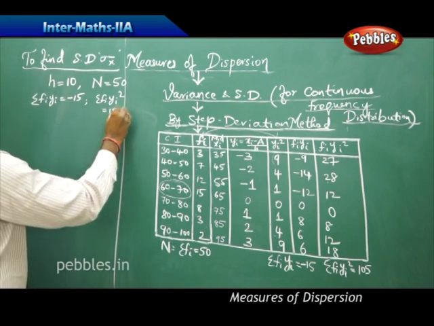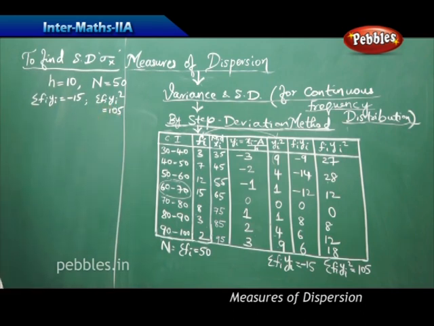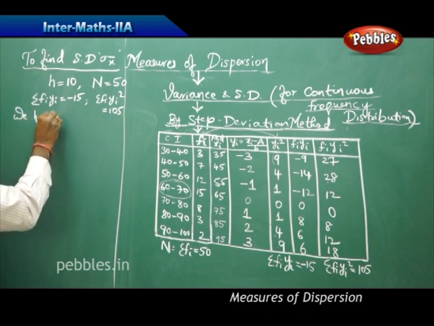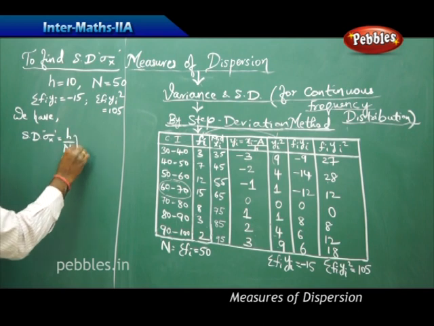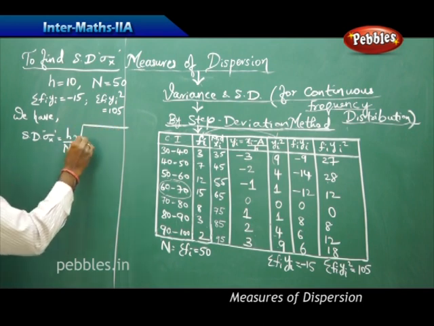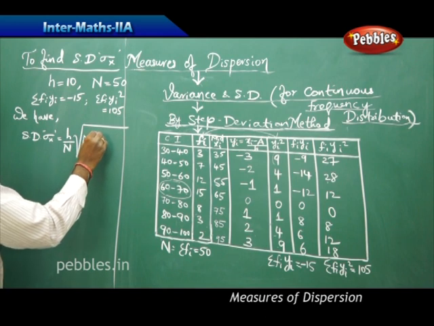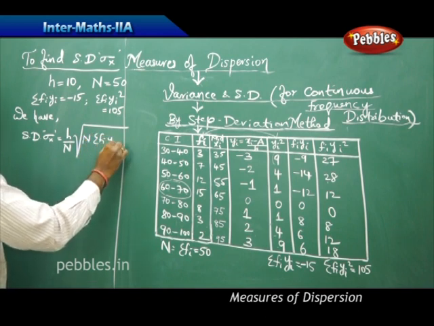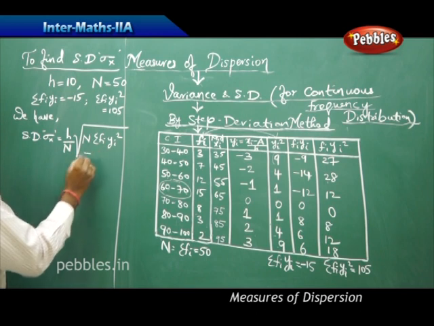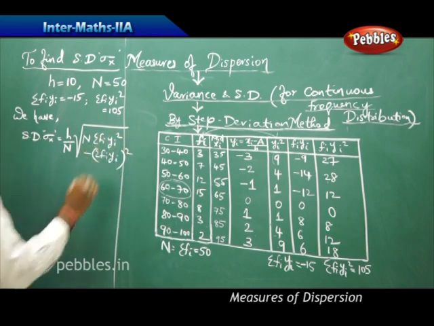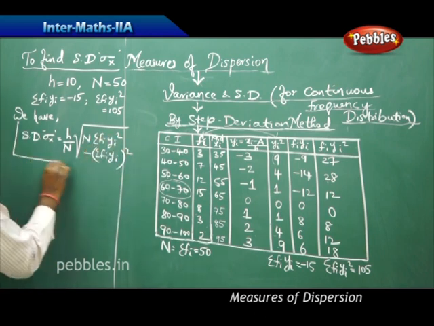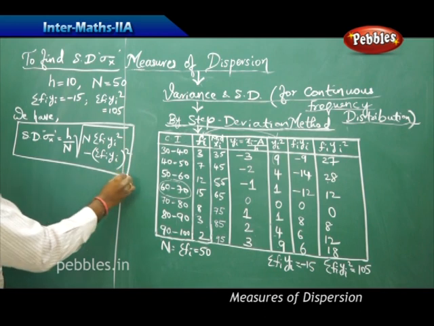Let's find the standard deviation using the formula. We have standard deviation sigma x is h by n times root of n times sigma fi yi square minus sigma fi yi whole square, which is the formula for the standard deviation.